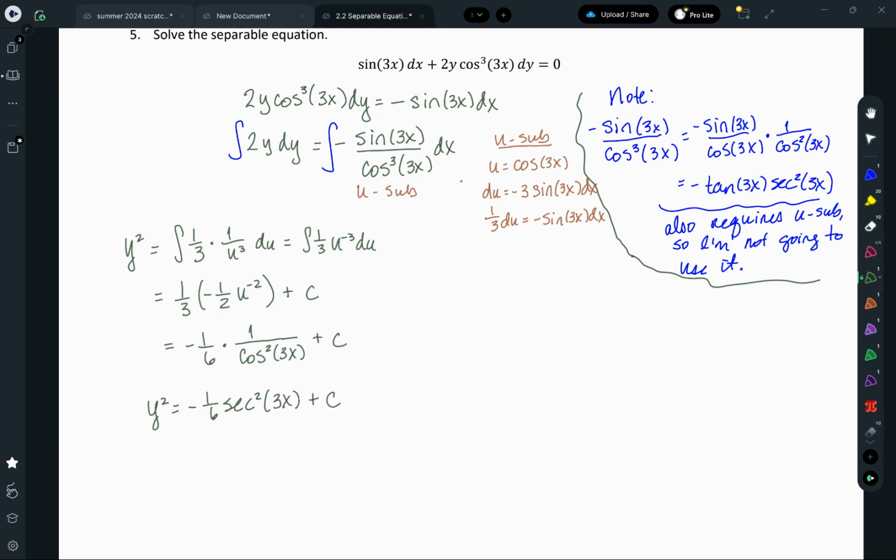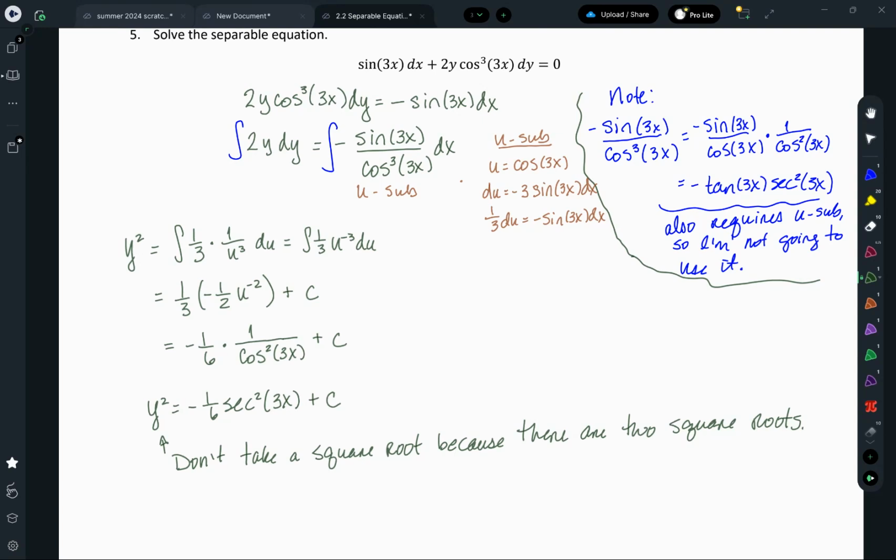This is good enough. When I see a square, I don't want to take a square root. The reason I don't want to take a square root is because there are 2 square roots, and I don't know which one is the one I really want.